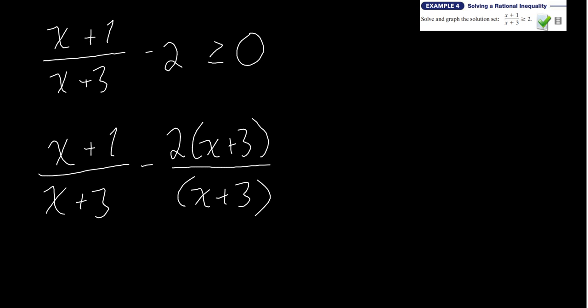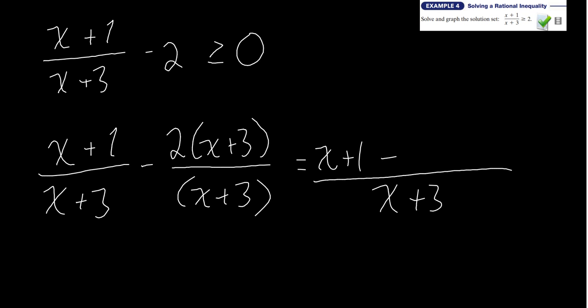Okay, again, just dealing with the left side here. We have that common denominator of x plus 3. That's exactly what we wanted. Now we have to look at the top. We have x plus 1, and then a minus 2 times x plus 3. Let's go ahead and distribute that 2 times x plus 3. So it's going to be a minus 2x and a minus 6.